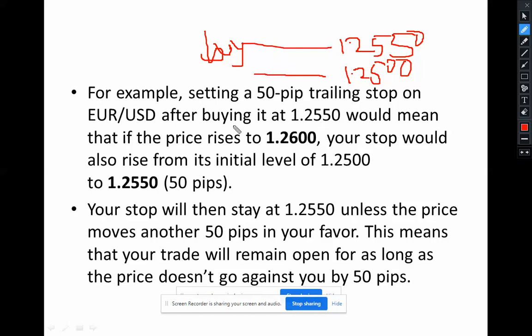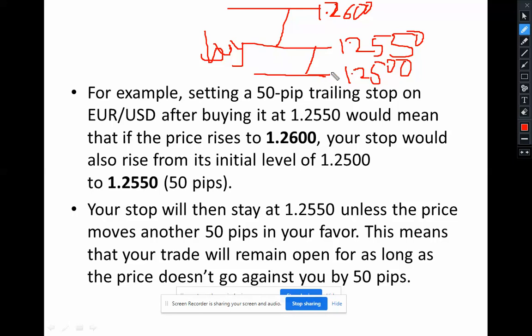And if the price rises to, let's say, 1.2600, that means your stop loss also will rise from the initial level to this level.